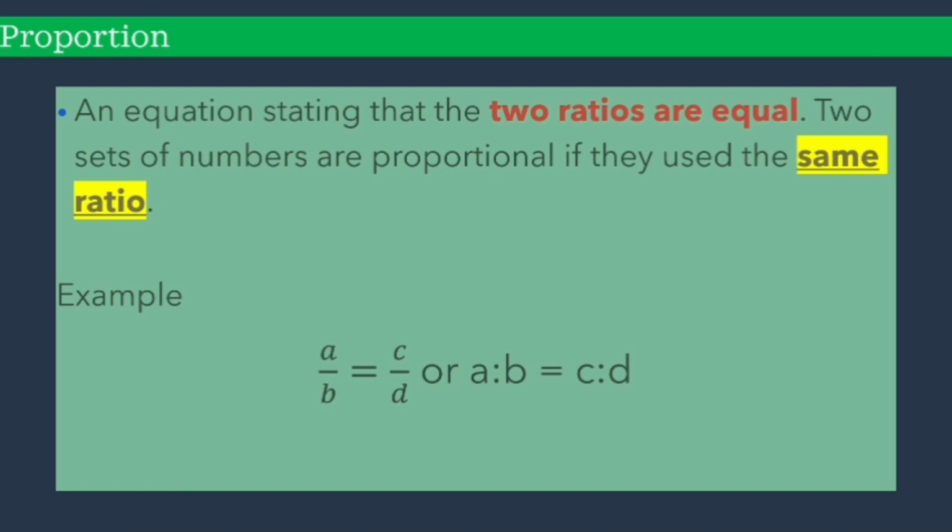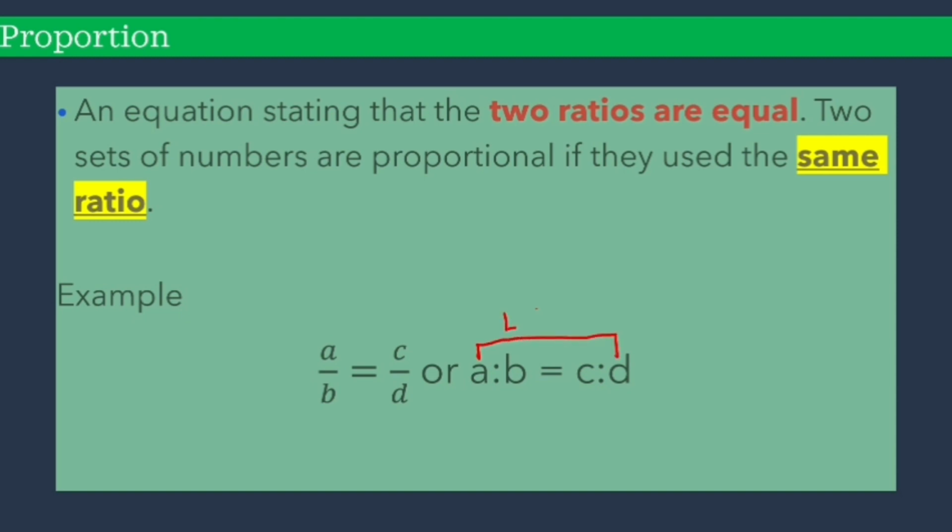Let's talk about proportion. When we talk of proportion, it is an equation stating that two ratios are equal. Two sets of numbers are proportional if they use the same ratio. For example, we have A/B is equal to C/D, or simply A:B is equal to C:D. Remember that A and D here are called extremes.